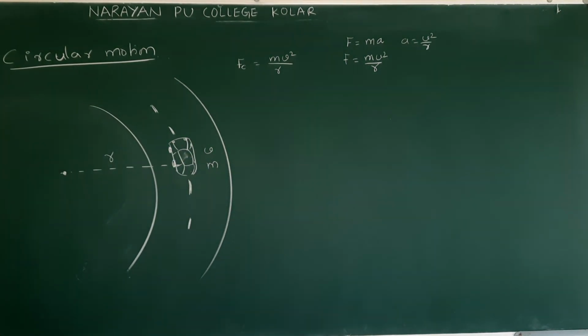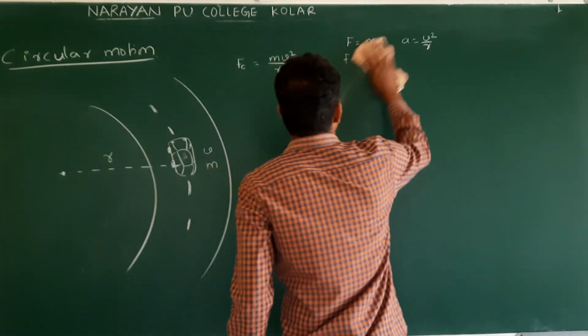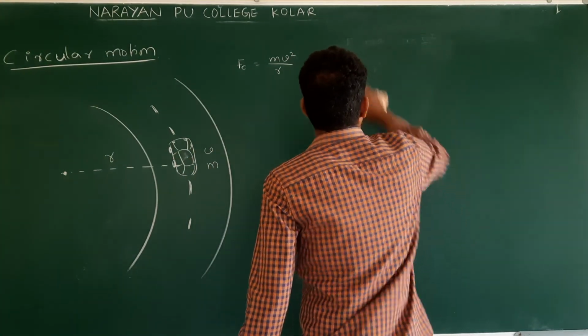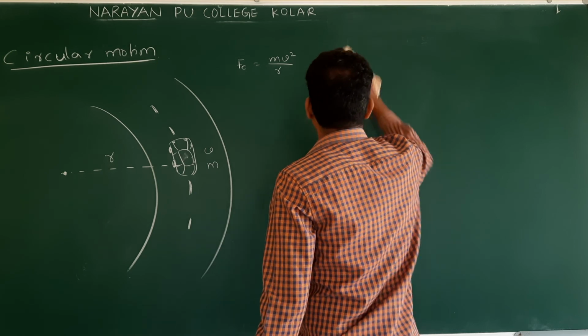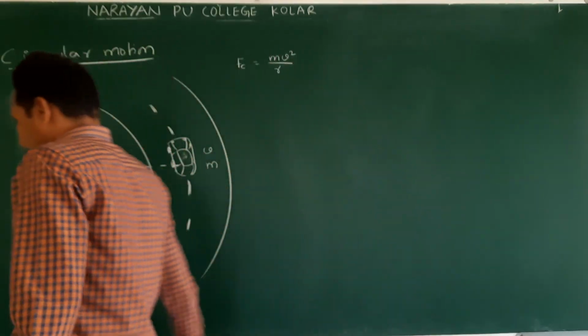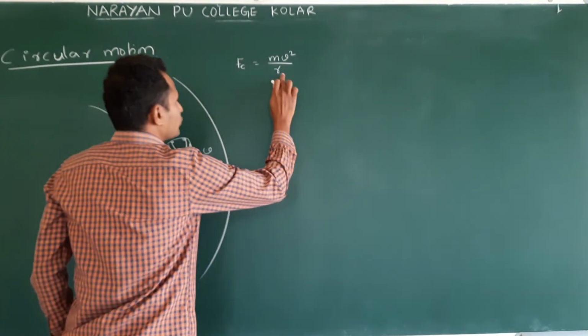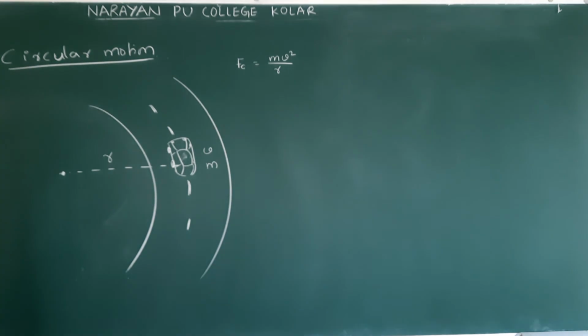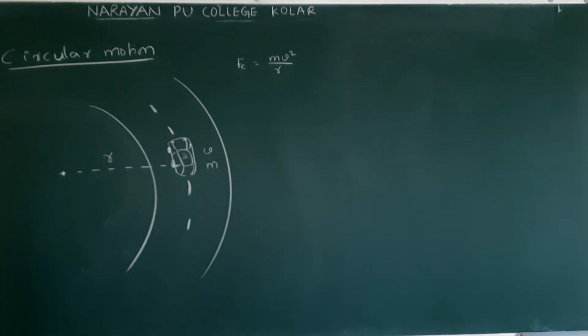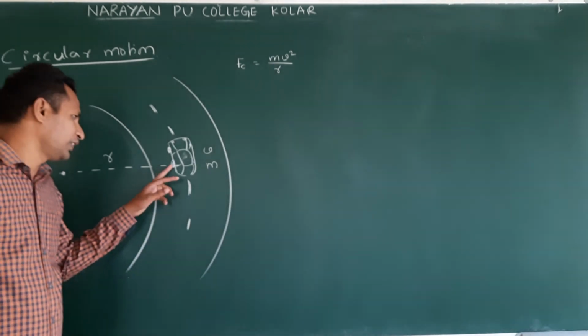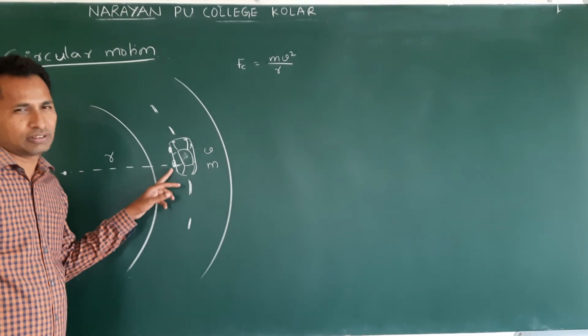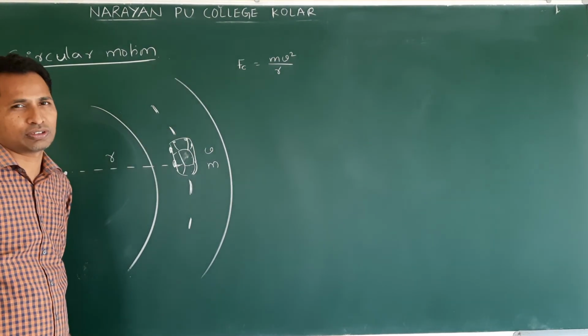So now, who is providing this centripetal force to the object? Friction is providing the centripetal force. Already we mentioned the use of friction. Without friction, it is impossible to walk. Here, between the tires and the road, there is friction that provides the centripetal force.